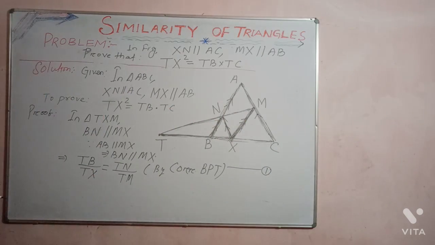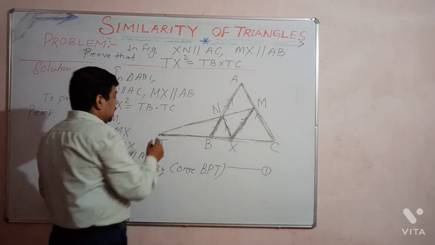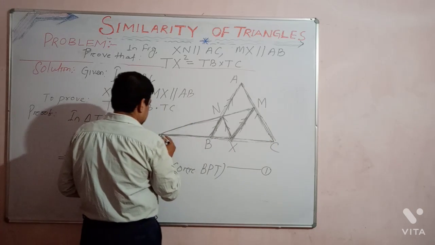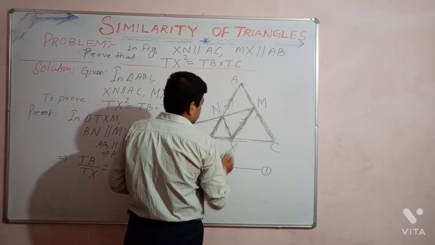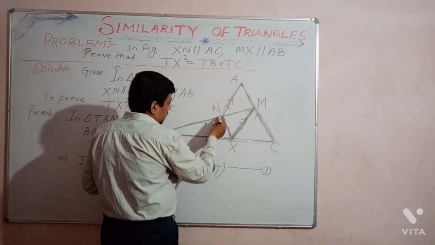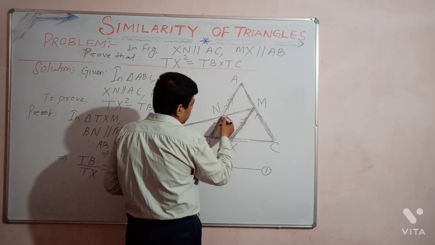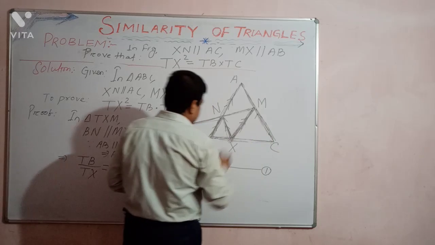Okay, and again you see another triangle, TMC. In this triangle TMC, look at here, NX is parallel to AC, it means NX is parallel to CM. Yes or no?